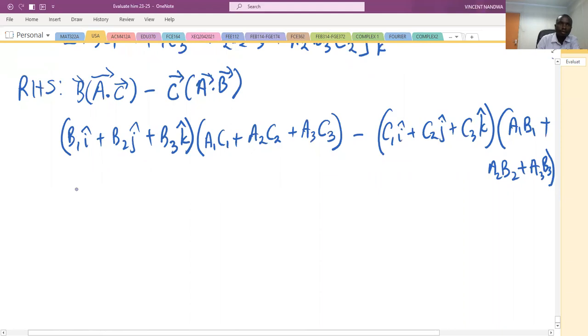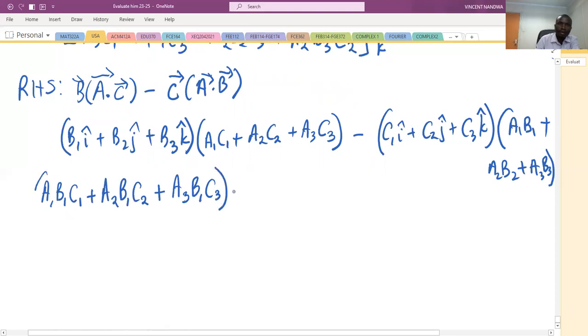So here we'll have A1 B1 C1 plus A2 B1 C2, then this multiplied by this, plus A3 B1 C3. So this will be the I component here.